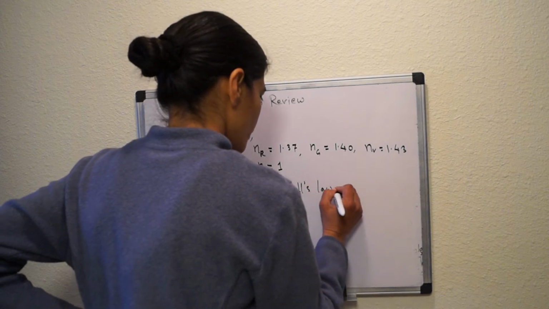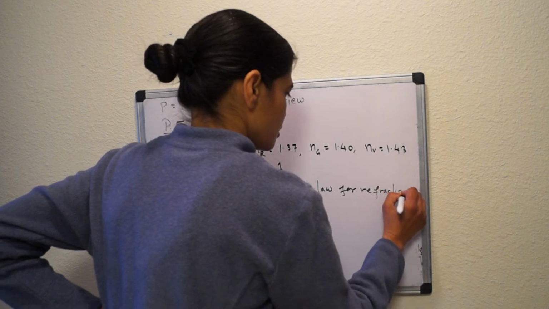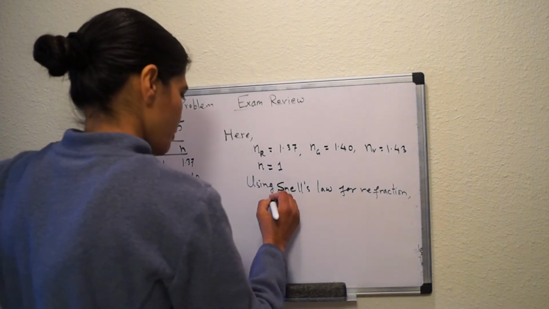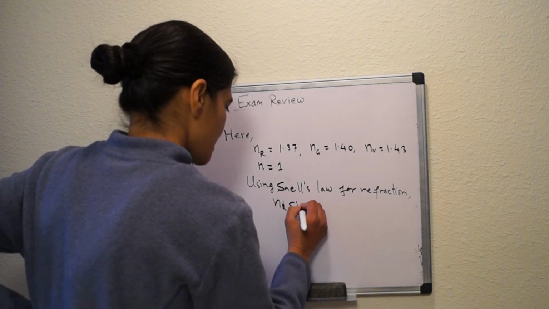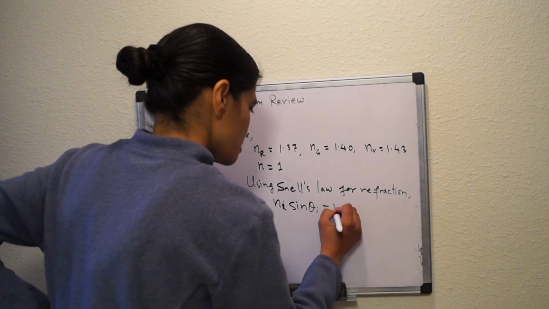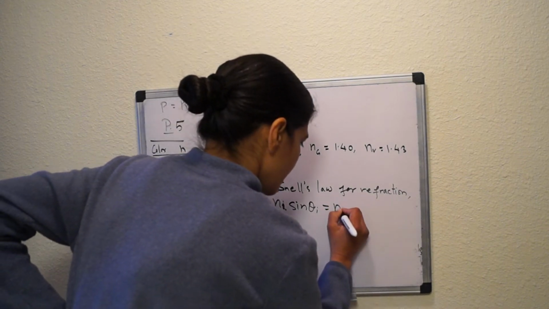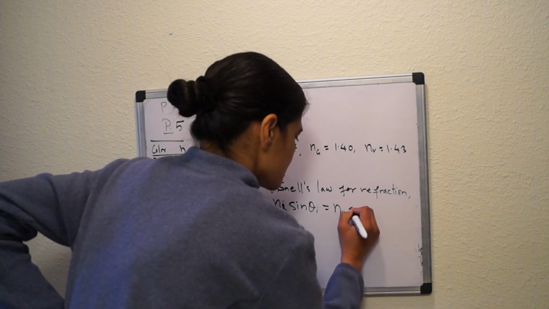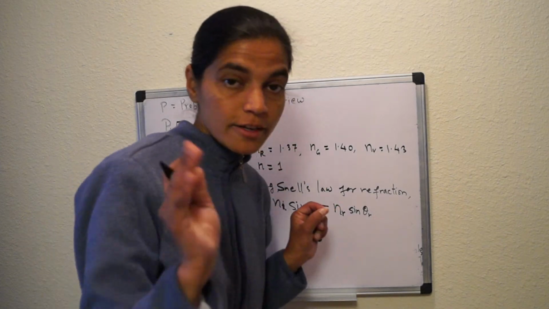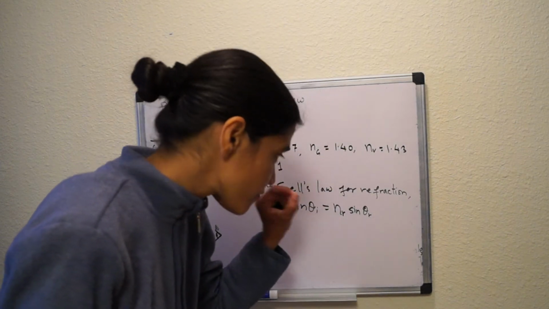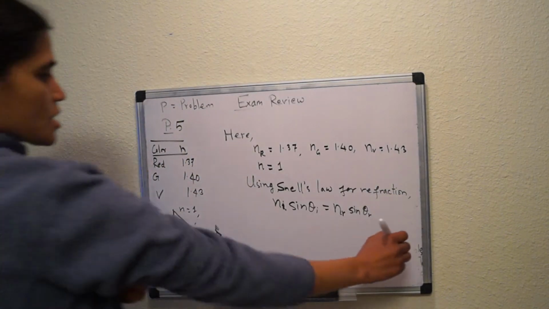Snell's law for refraction: we have Ni sine theta i equal to NR sine theta r. Here remember r means refracted, not reflected. This r has to do with the refraction. Alright, so this is our equation.